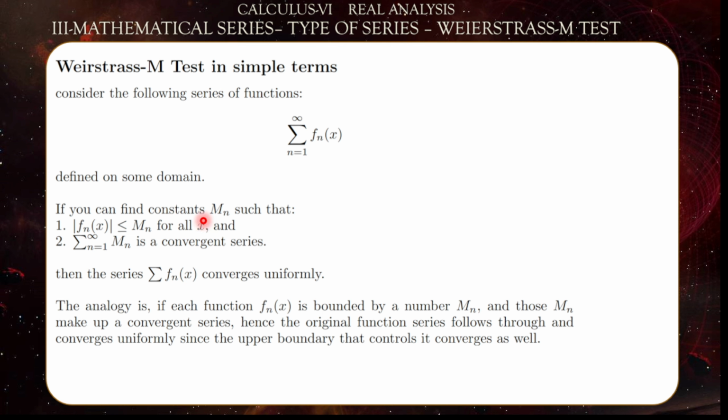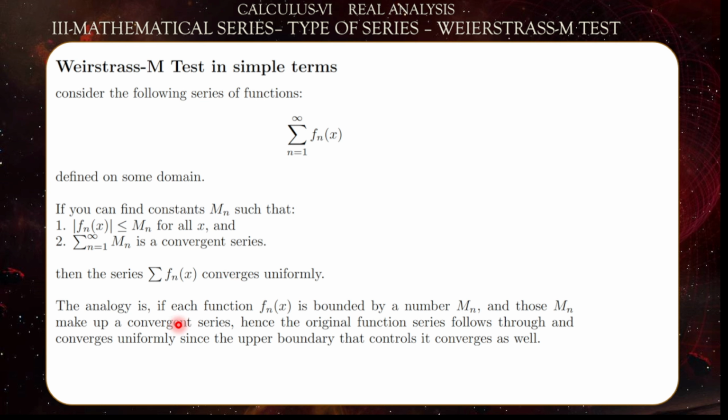If you can find constants Mn such that fnx in absolute value is less than or equal to Mn for all values of x, and second, the sum from n equals 1 to infinity of Mn is a convergent series, which is very important, so that Mn not only is greater than fnx in absolute value but is also a convergent series, this will make sigma fnx a convergent series that converges uniformly.